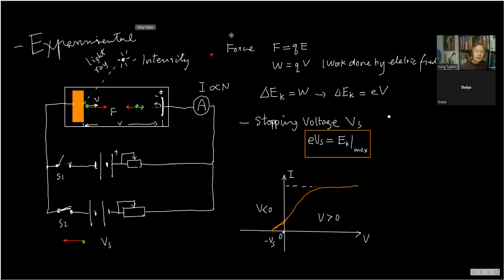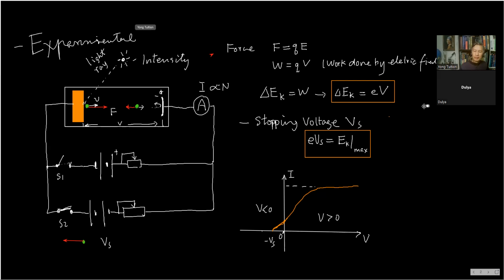Of course, this formula also applies generally: the change in kinetic energy is equal to e multiplied by the voltage.